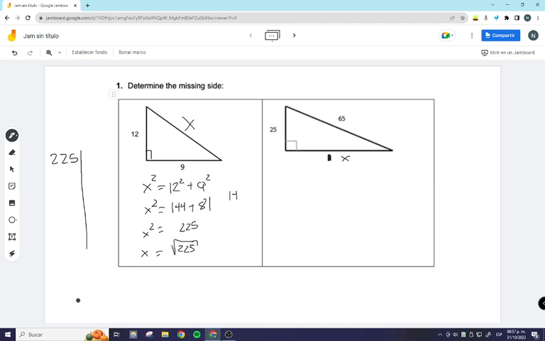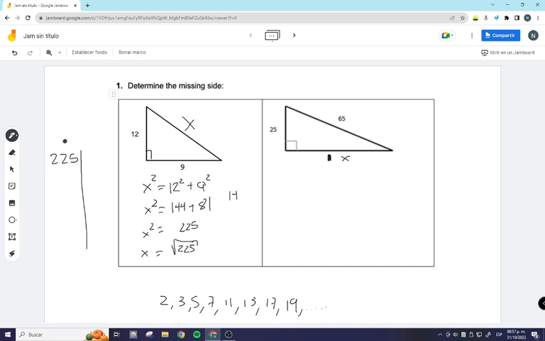And remember, we start dividing this number by the prime numbers, which are 2, 3, 5, 7, 11, 13, 17, 19, and so on, but usually you don't need more than that. 225 can be divided by 2. Yes or no? In this case, no, it's not an even number. Can it be divided by 3?